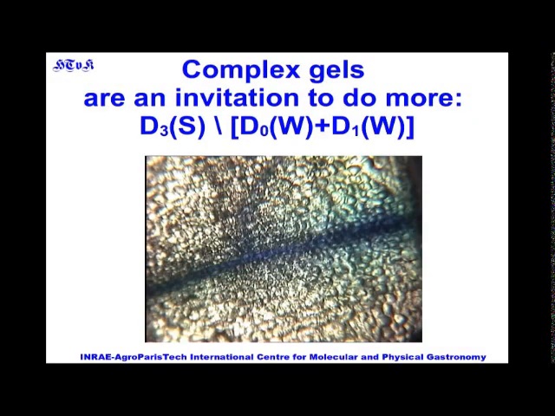Now, we can describe more complex gels. For example, in this picture of a shallot, we see the parenchyma tissue, the cells glued together, but we see also a channel, and the channel is a D1, and the channel is full of water as well. So you see, we describe it as a D3 because it is a block, it is a solid, but inside we have the D0 and the D1.